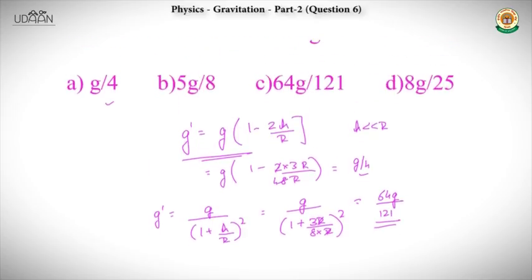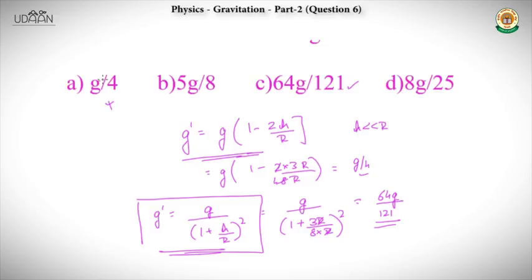Can you write the general formula for us, guys? See, this is the formula that everyone has to use, and we use the approximate formula only when h is very small compared to capital R. Remember this and remember how it is derived, because if you do it the quick way you might get an incorrect option, which is generally the first option, and in a hurry you will put that.